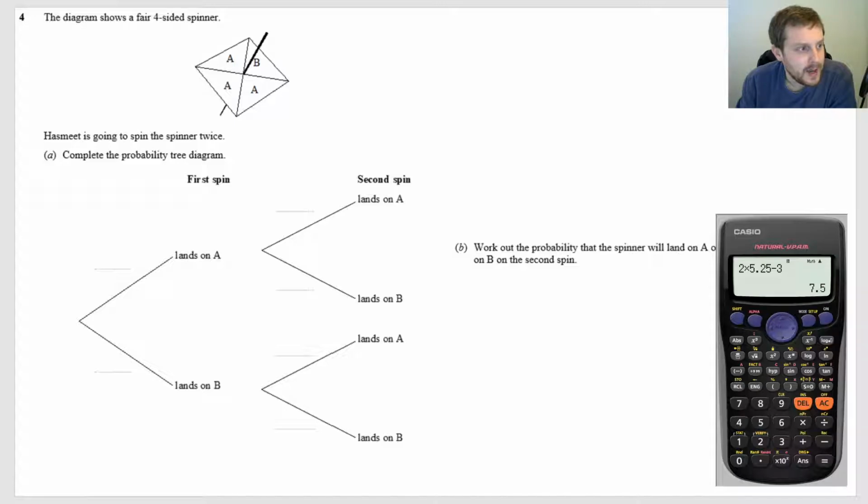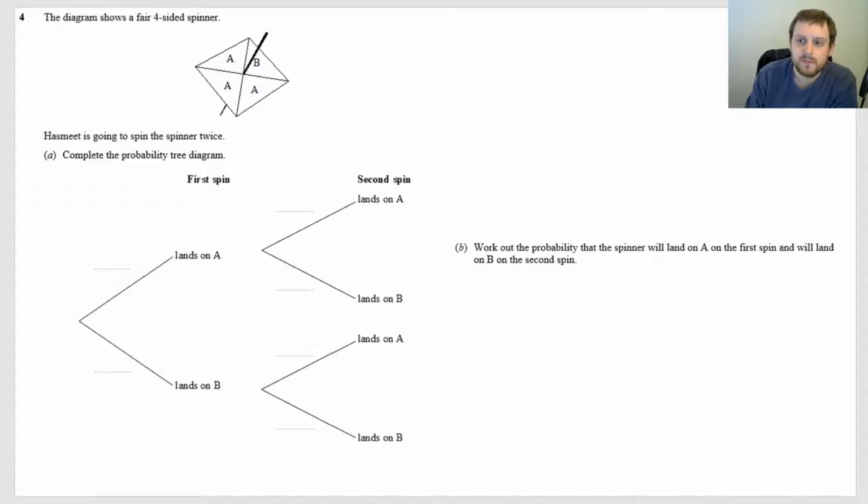Let me just quickly hide the calculator here. So it's a fair 4-sided spinner, but 3 of them say A and 1 of them says B. We spin it twice. We don't change it in the meantime, and the result of the first one doesn't affect the result of the second one.